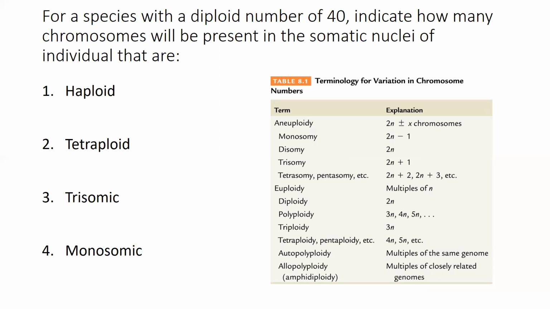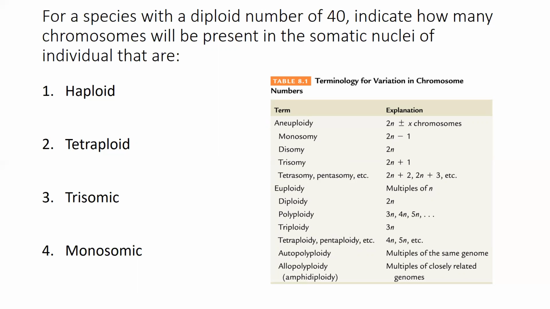For a species with a diploid number of 40, indicate how many chromosomes will be present in somatic nuclei of the individual that are haploid, tetraploid, trisomic, and monosomic. So with haploid, what do we know?